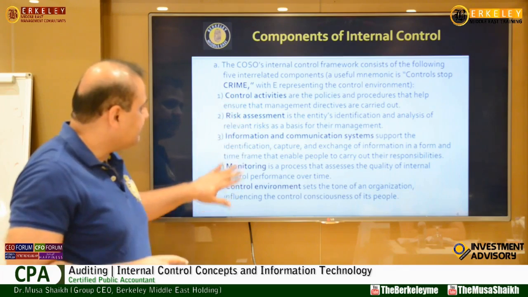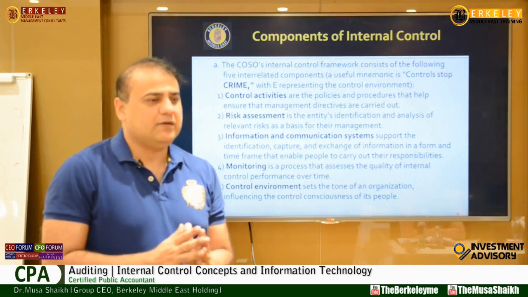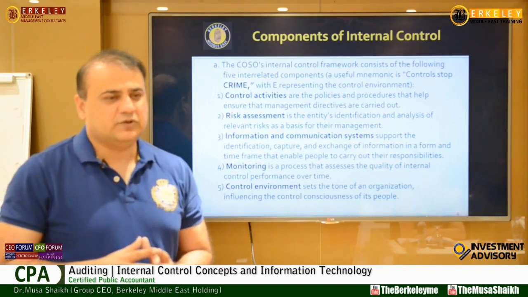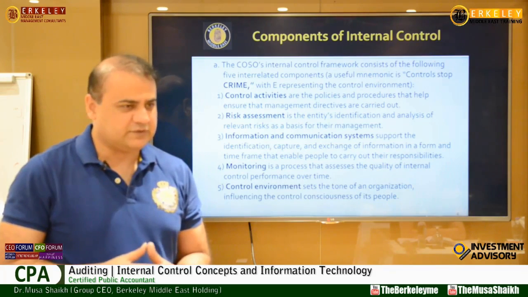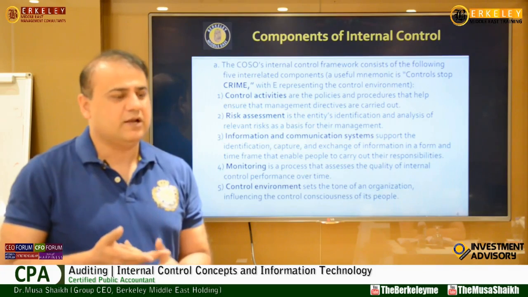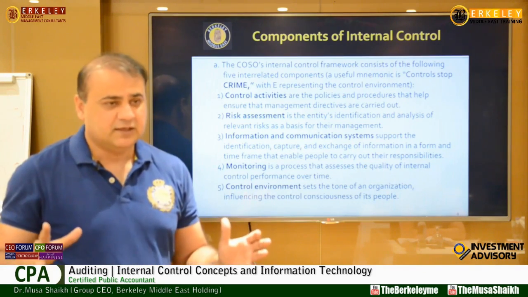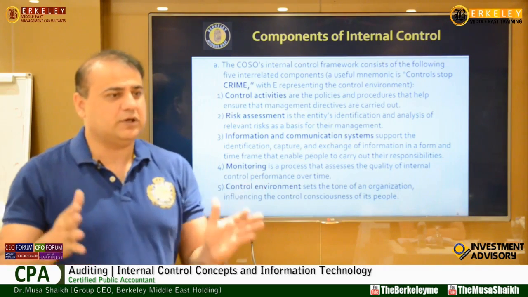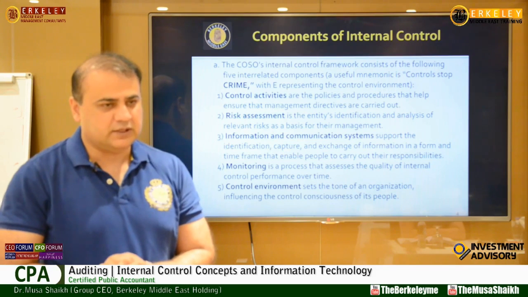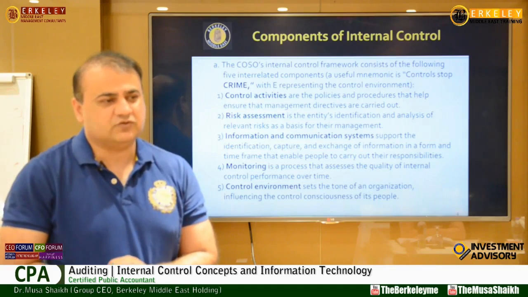How it works is, suppose I want to sleep and I play loud music and turn on full lights, it will be very hard for me to sleep. In the same way, if I don't have a policy, I don't have monitoring, and I don't build up an atmosphere in the company so that people realize that authorization is very important, documentation is very important, and flows are very important, then I cannot achieve internal control adequacy.